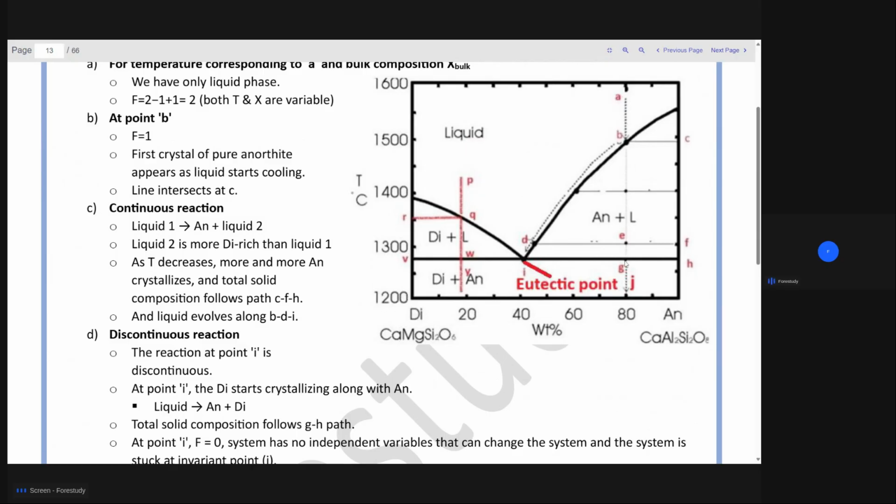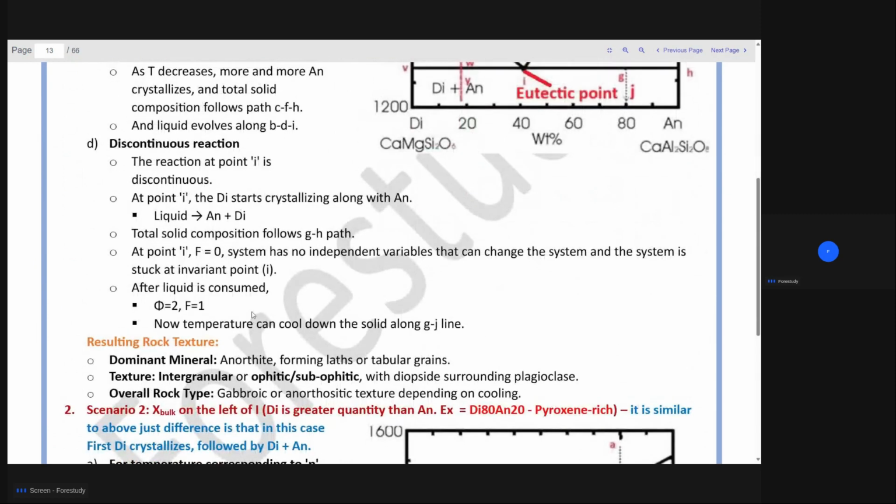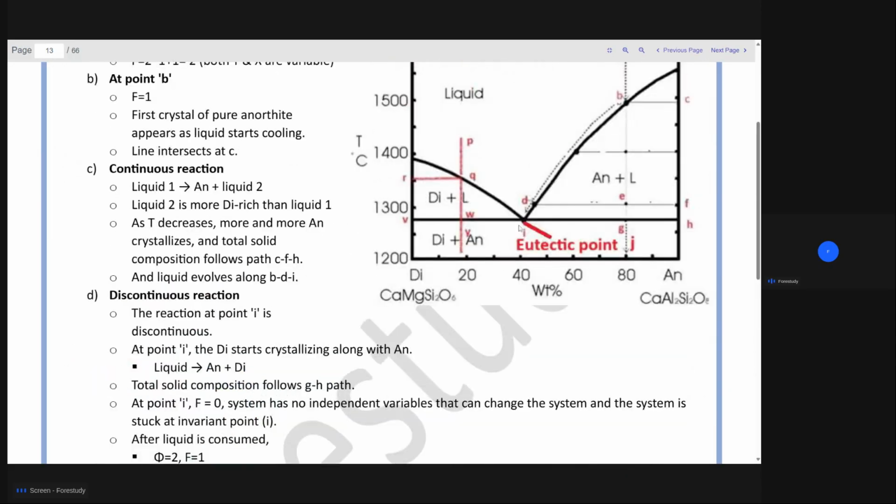So at this point, remember, before hitting I, it will constantly give anorthite. After hitting I, it will give both anorthite as well as diopside, and then it will follow this line GJ after being totally solid, and no melt will be involved after this line.